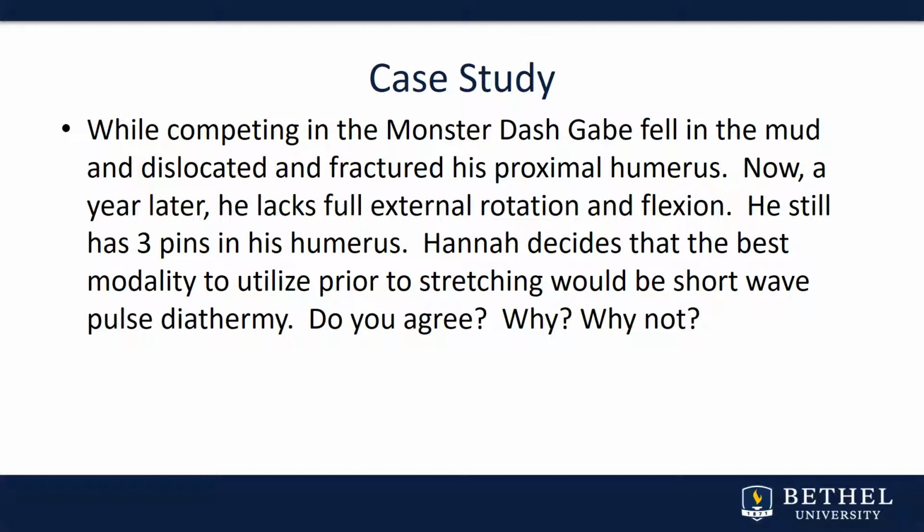So we would want to increase tissue elasticity, decrease viscosity of joint fluid. This seems to be indicated at this point, and diathermy would be a great option, certainly better than ultrasound, where you would have to ultrasound several different locations to get any response for increasing tissue extensibility.